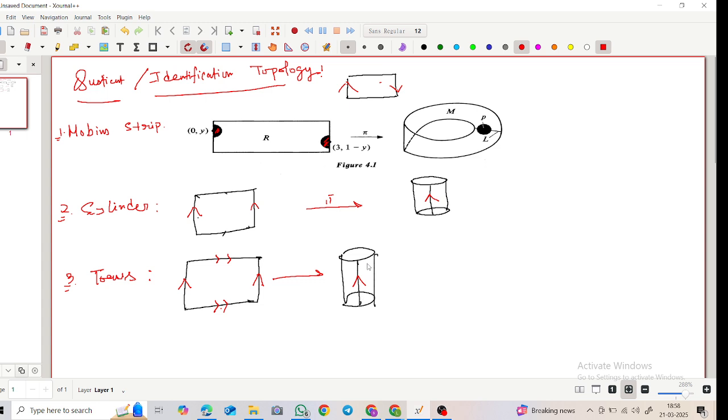This is the line of joining. Now what do you have? You have this, or maybe a donut biscuit, right?